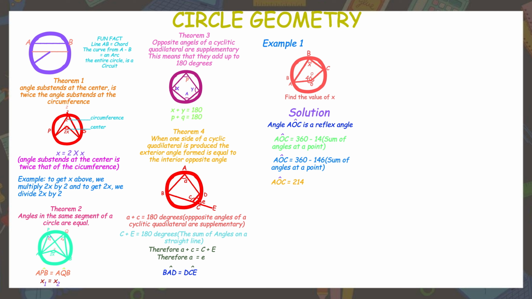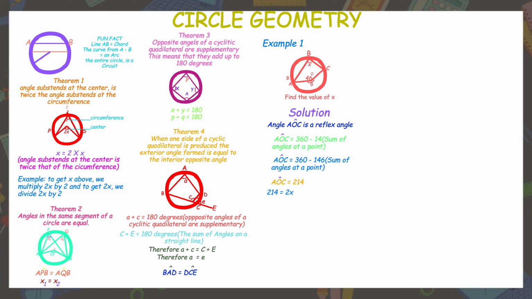But that is not what we are looking for. That means that this angle O here is 214. Then remember, according to the theorem, angle AOC, which is 214, is equal to 2x. Why?